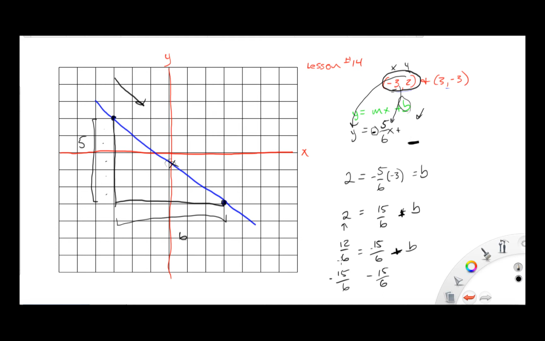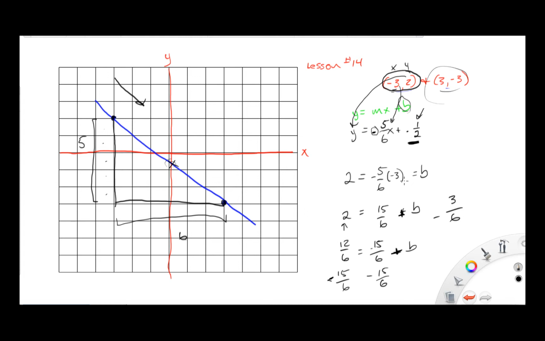Which means that 12 over 6 minus 15 over 6 is 3 over 6. But it's negative, okay? Because 12 minus 15, and this negative here is part of that, okay? So negative 3 over 6, which actually means that b is equal to a negative 1/2. So we can find it. We can also use this set if we wanted to.